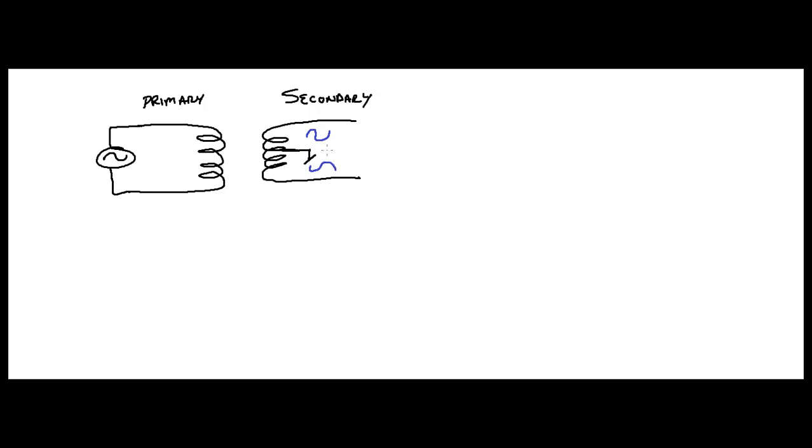So they are out of phase, all right? So this voltage, the amount of it, is equal to V secondary divided by 2. Each of them are equal to V secondary divided by 2. All right.